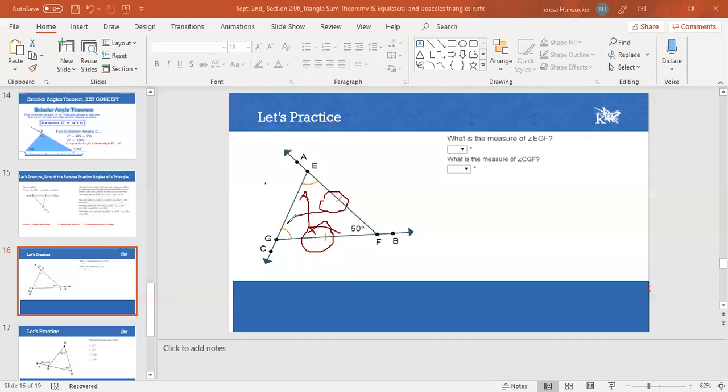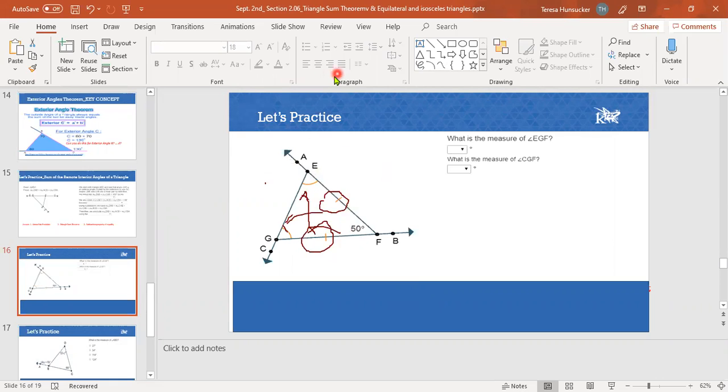Those are base angles. Angle E, interior angle E and interior angle G are congruent. So how are we going to find interior angle E and G if we know that interior angle F is 50? What do you think?